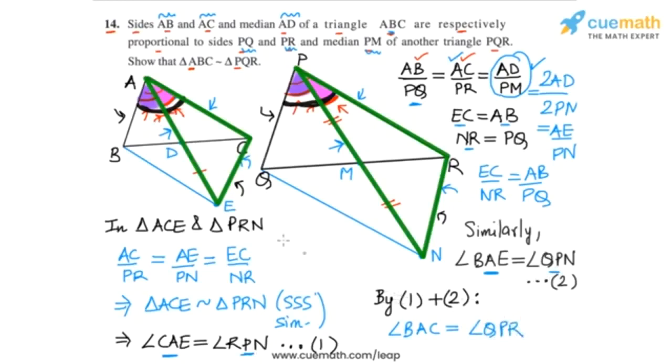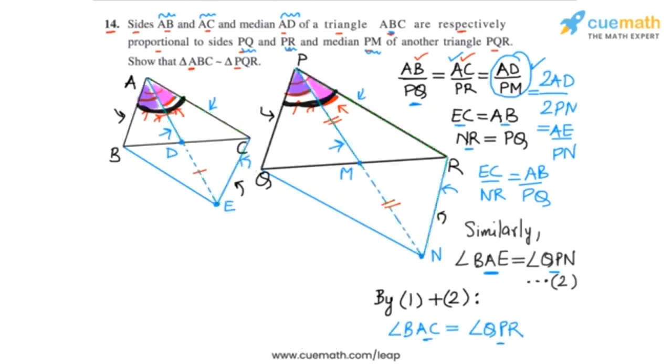Okay, now that we have obtained angle BAC is equal to angle QPR, now it's easy to show that triangle ABC and PQR are similar. So let's do that. Now we are going to compare triangle ABC and triangle PQR.